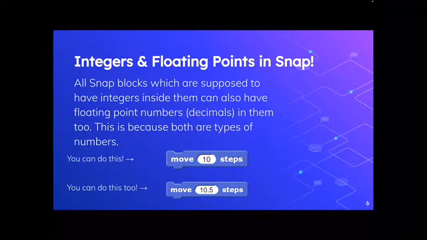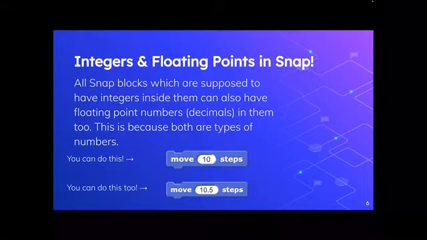Okay, so now let's talk more about integers and floating point numbers. Any location in Snap where you can use an integer, you can also use a floating point number. And any place you can use a floating point number, you can use an integer. That's because they're both numbers. For example, if you have a number line, you can point to them on the number line.